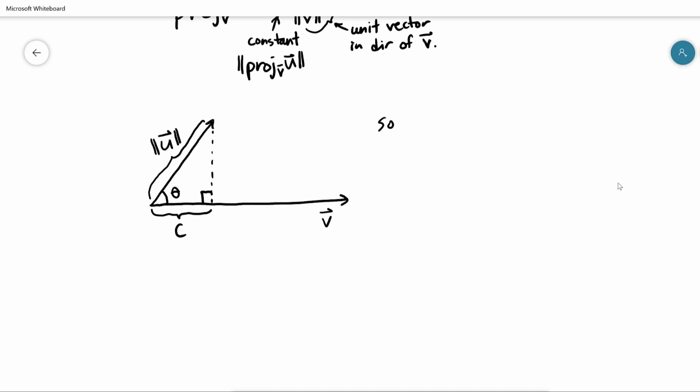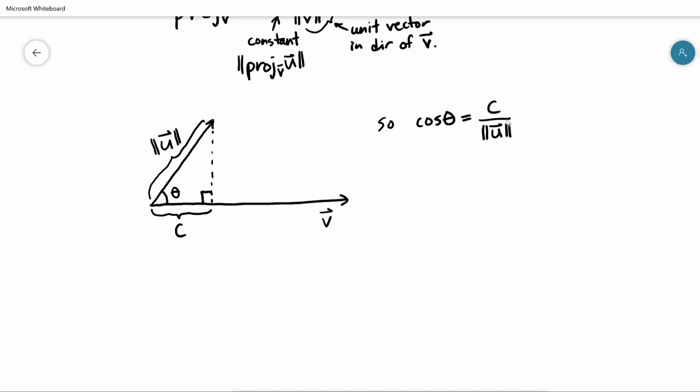We have a relationship that we can use our trigonometry right here. If I take, in this case, the cosine of theta, I will get C over the magnitude of U. So cosine of theta equals C, that constant that we're looking for, over the magnitude of U. So this is just SOHCAHTOA, adjacent over hypotenuse relative to this angle theta.